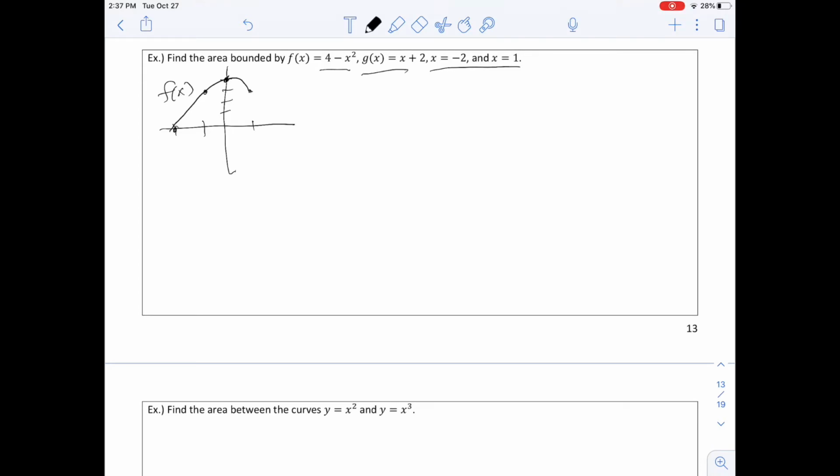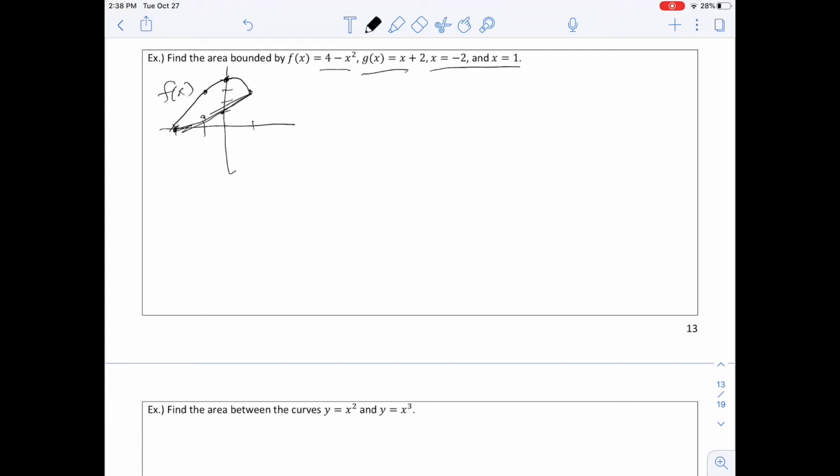The second graph that we have is g of x, and that is just a straight line. So -2 would give 0 if you substitute that in. For -1, -1 plus 2 is +1. Substituting 0, we get 2. And then substituting in 1, we arrive at 3.